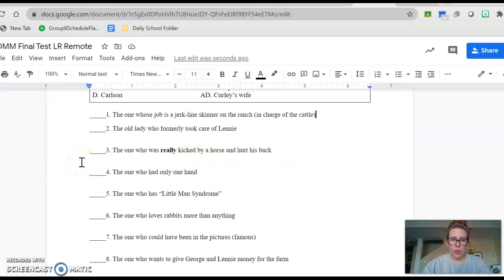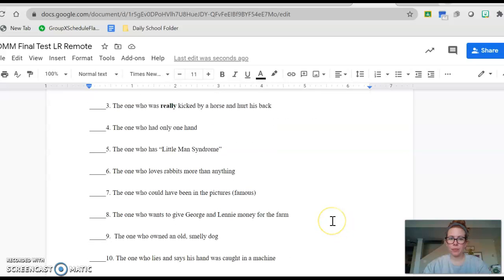Number three, who is the one who was really kicked by a horse and hurt his back? Number four, who is the one who had only one hand? Number five, who is the one who had little man syndrome?